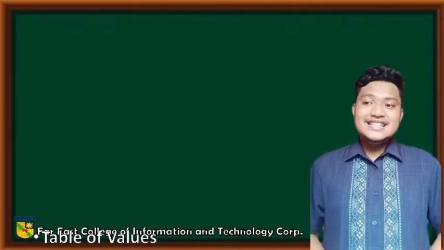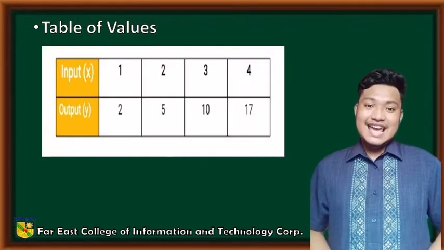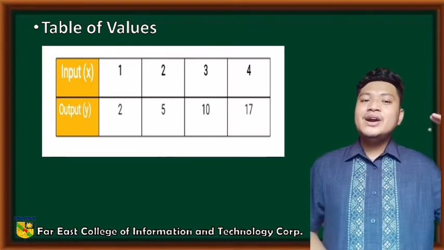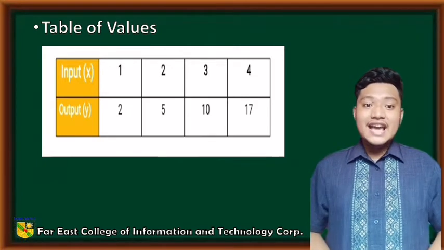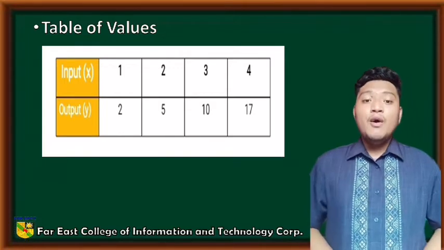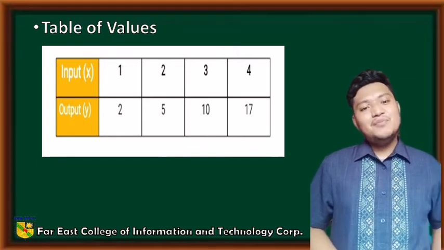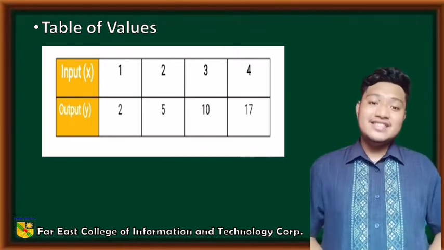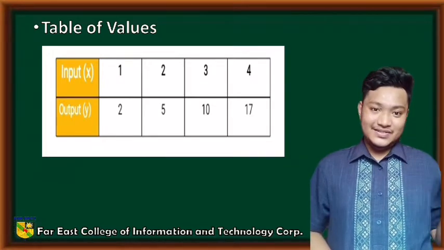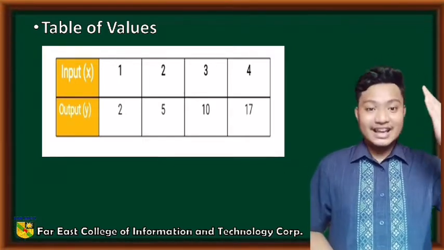Next is the table of values. In the table of values, in the upper row are the x values, and the bottom row is the y values. So the table of values is written horizontally, while the mapping diagram is vertical.